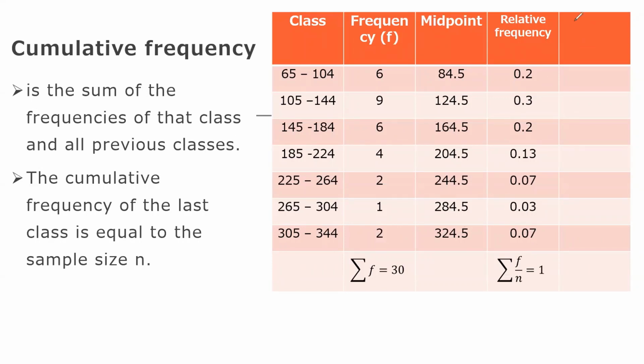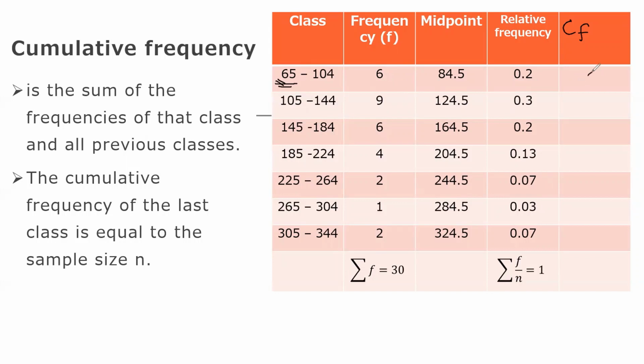Now last here is the cumulative frequency. Again, it is the sum of the frequencies of the class and all previous classes. So take note that we're going to start with the lowest or the minimum data entry. So the minimum data entry is 65.